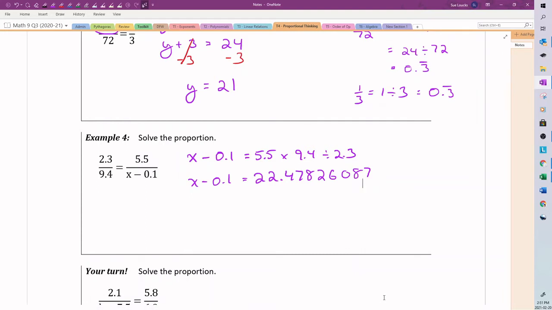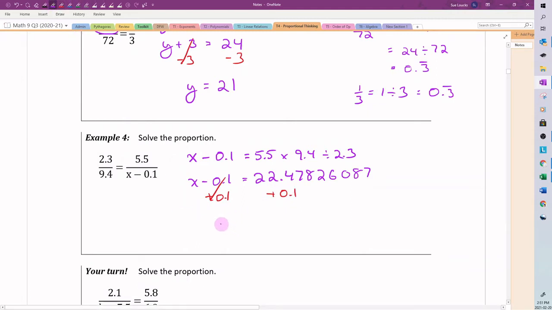And so what that means is I might not write down all those numbers, but I'm going to keep them in my calculator because I don't need to clear my calculator right now. I always wait until I need to clear the calculator before I clear what's in the calculator. Because if I look at this, I can see that what I need to do next is add 0.1 to the left side and add 0.1 to the right side.